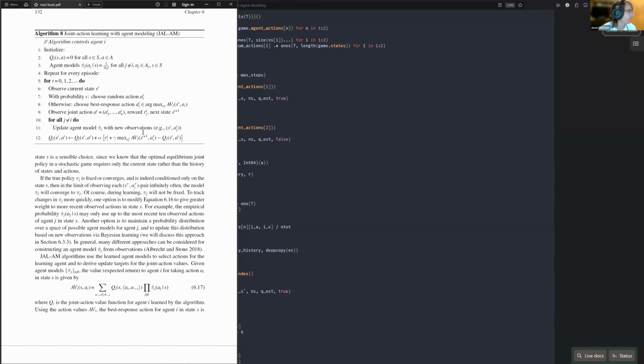And then once we have that, we end up computing the best response. Here it doesn't actually say how to use the best response policy, but it's the equation I showed earlier, where we can use this information of the agent models and the Q values to calculate the best response policy.